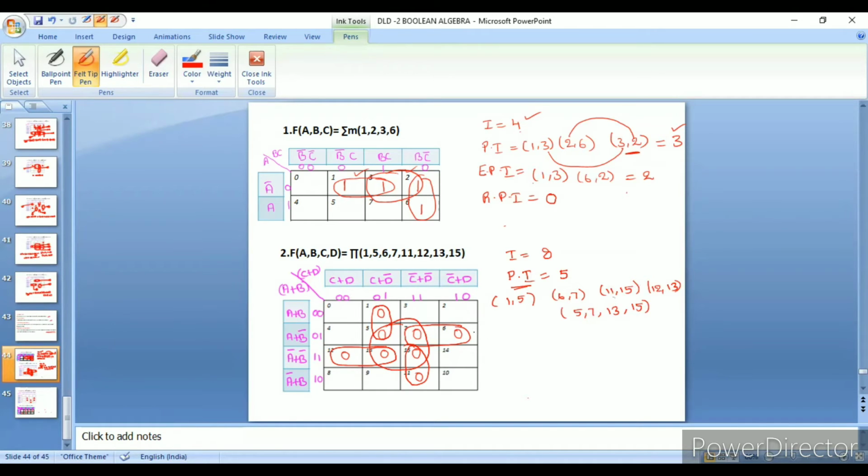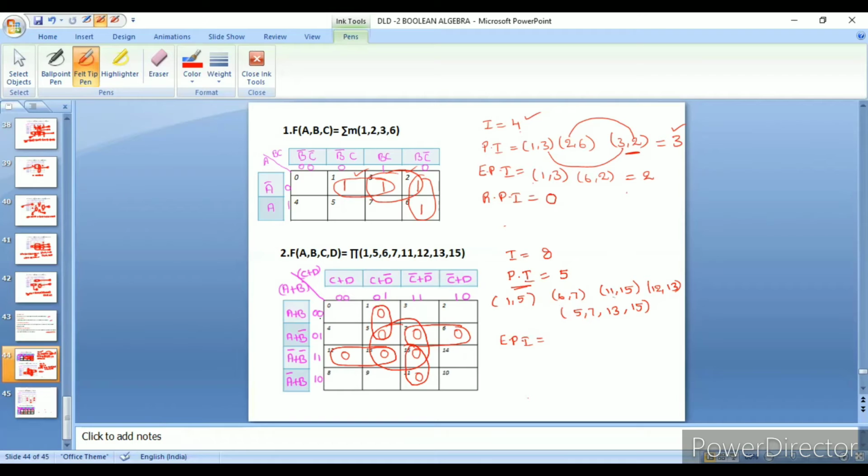So when we say essential prime implicant, the very first point is that it is a prime implicant, in which at least a single minterm cannot be combined in any other way.